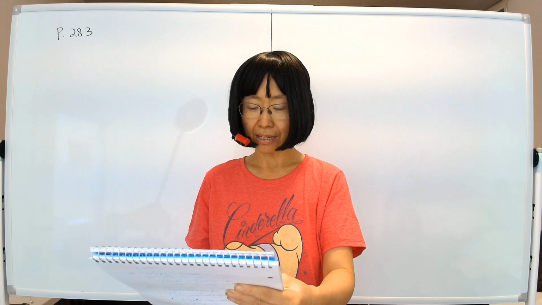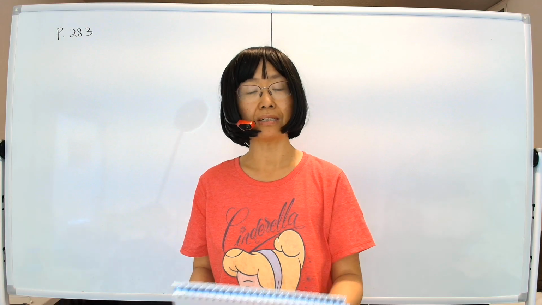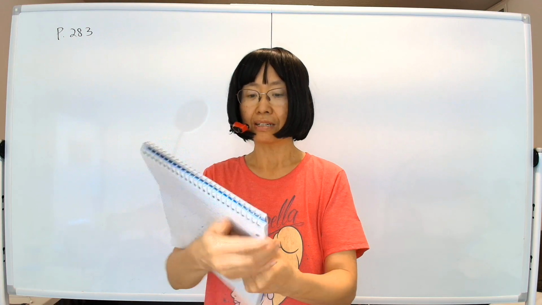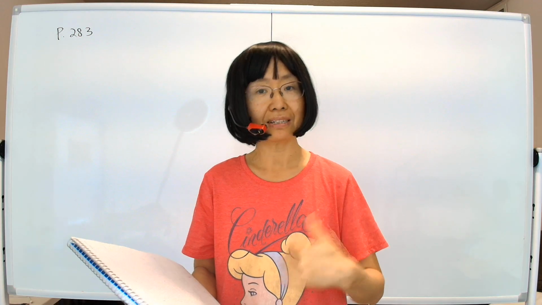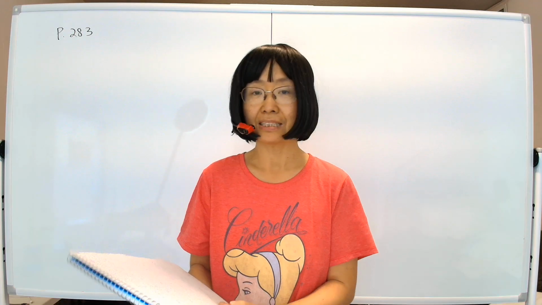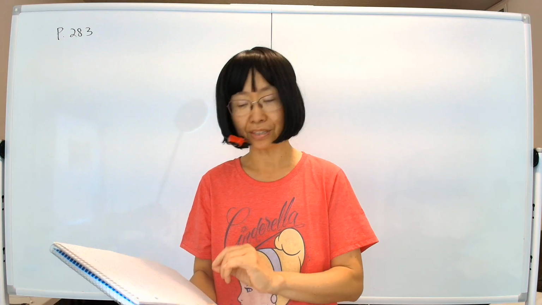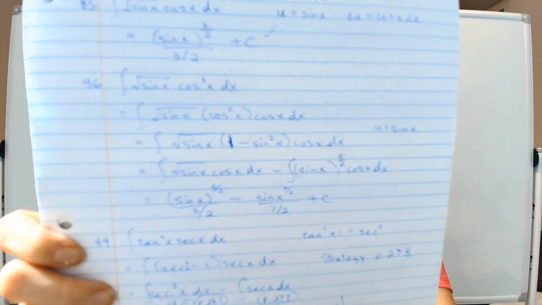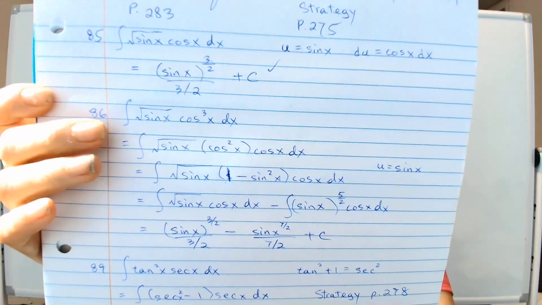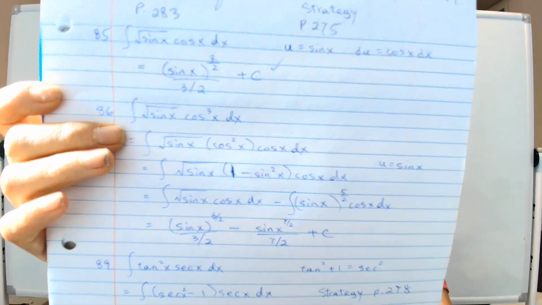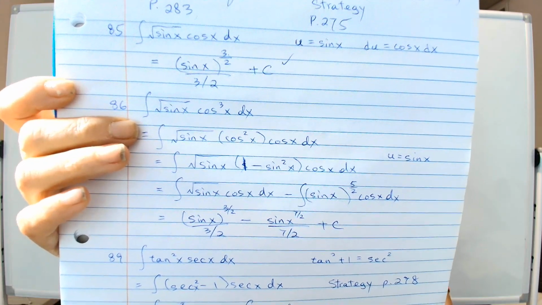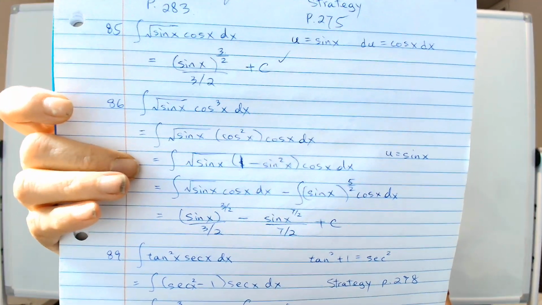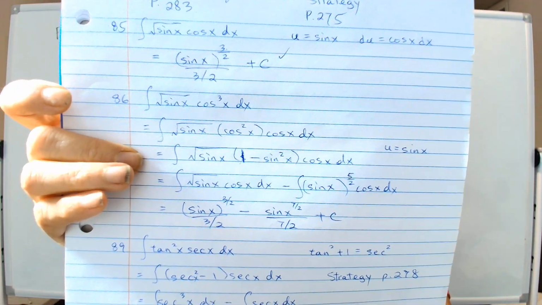For 86, right now the cosine is in an odd power. So instead of saving a sine for the du, now we're going to save one of the cosines for the du. Then we have cosine squared left, and at that point we simply substitute cosine squared as 1 minus sine squared.